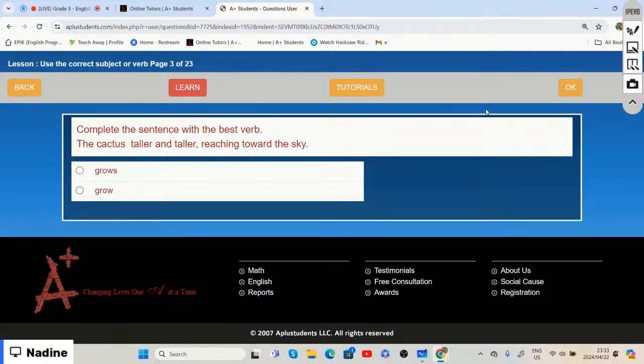So the cactus, do we say the cactus grows taller and taller, reaching towards the sky, or the cactus grow taller and taller, reaching towards the sky?